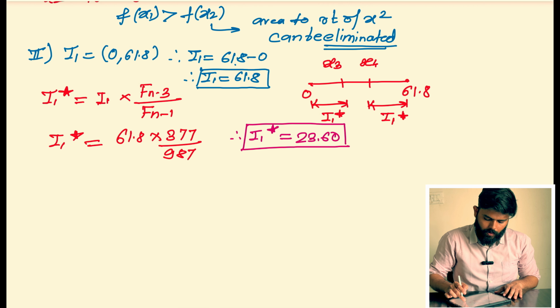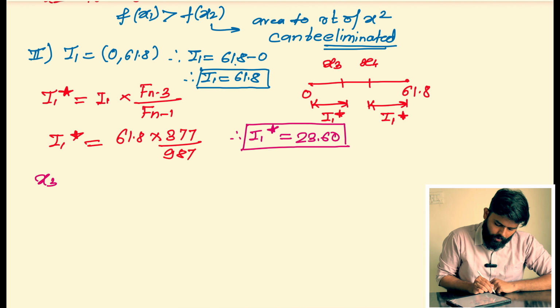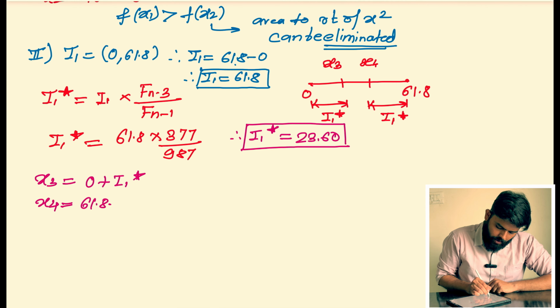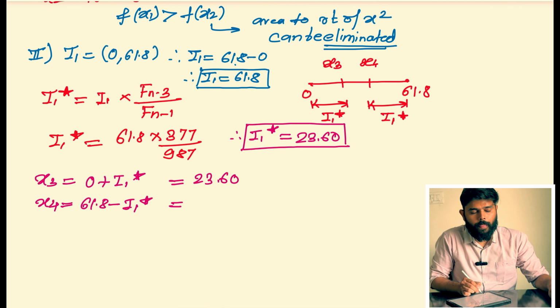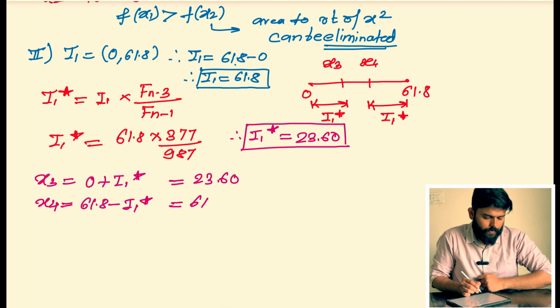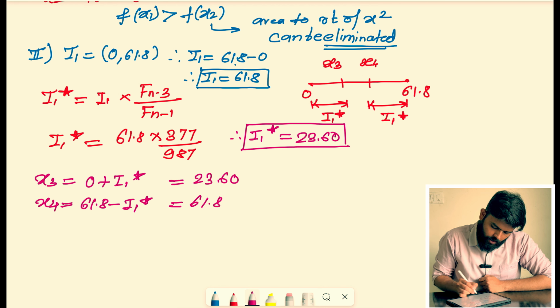Okay. Now, mathematically, we can calculate x3 and x4. So x3 will be 0 plus I1 star, and x4 will be equal to 61.8 minus I1 star. So the values of x3 and x4 that we are getting are 23.60 and 61.8.